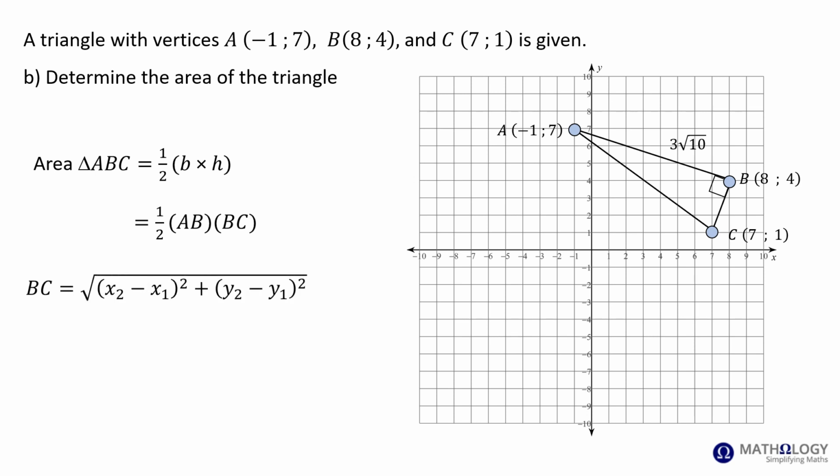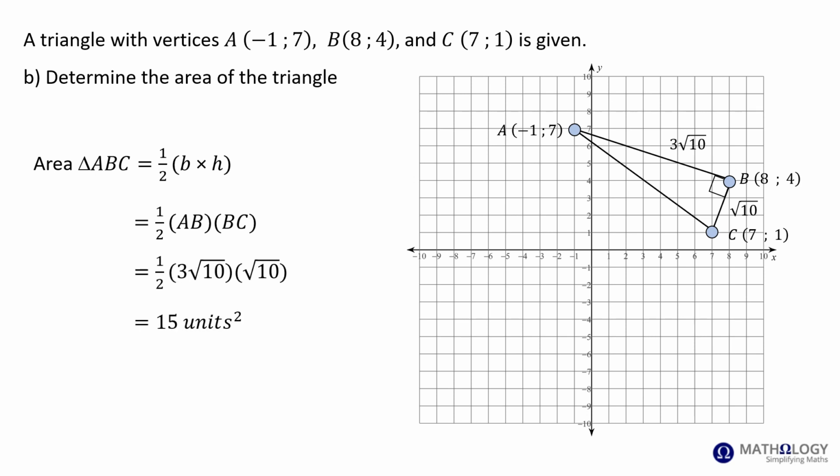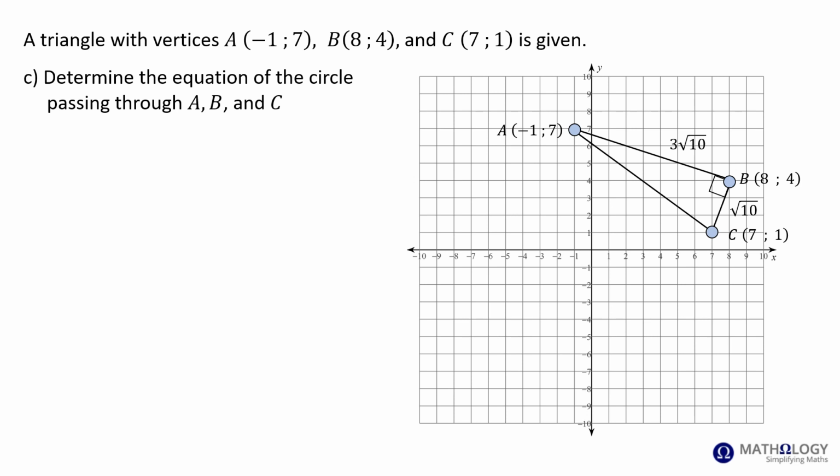Similarly, the length of BC equals √10 units. Now that we know the length of AB and BC, we can determine the area of triangle ABC, which equals 15 square units.